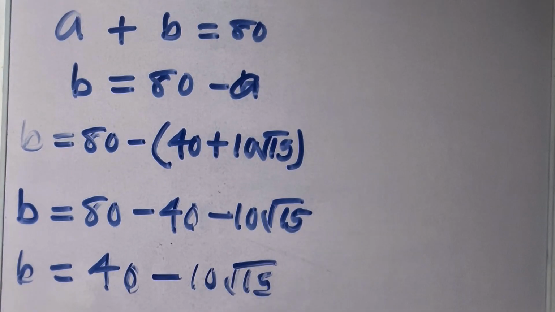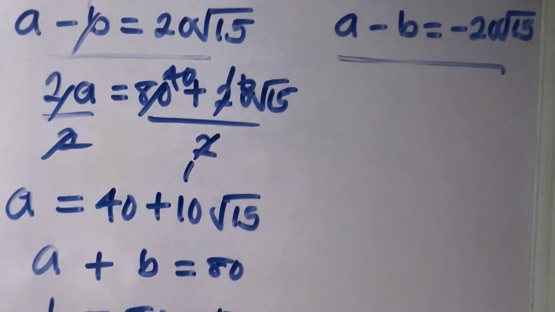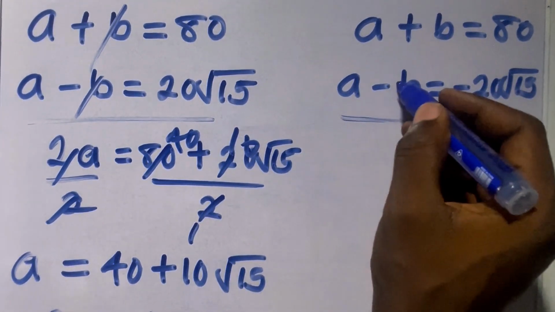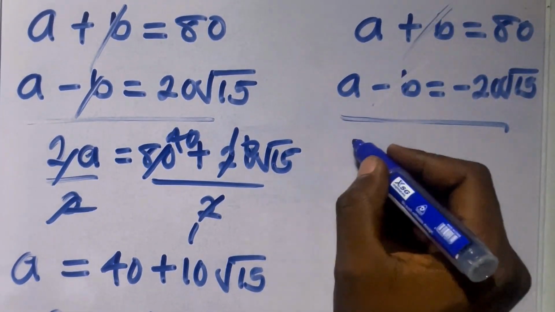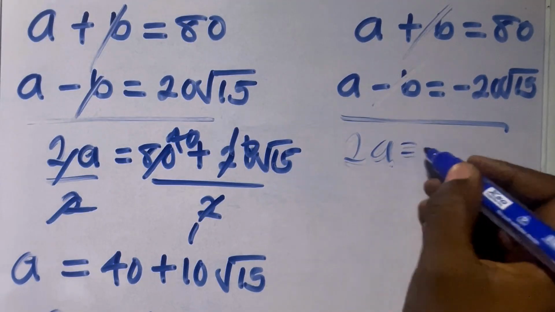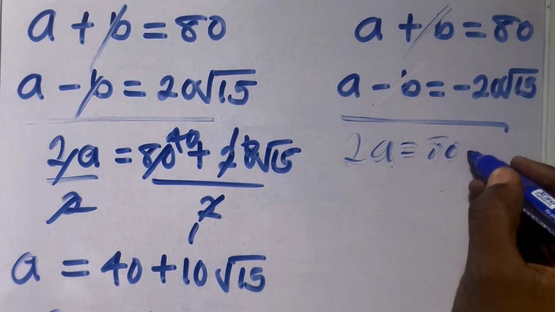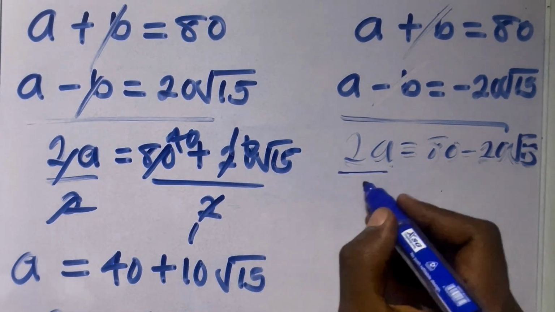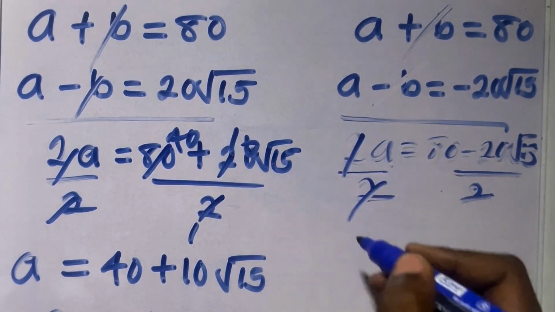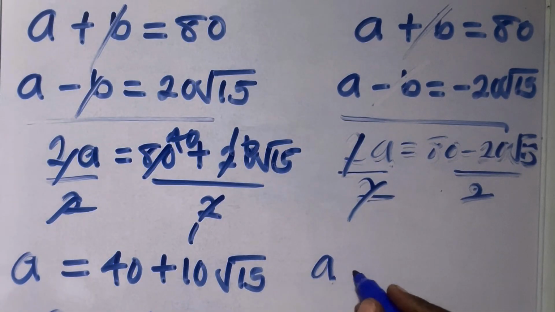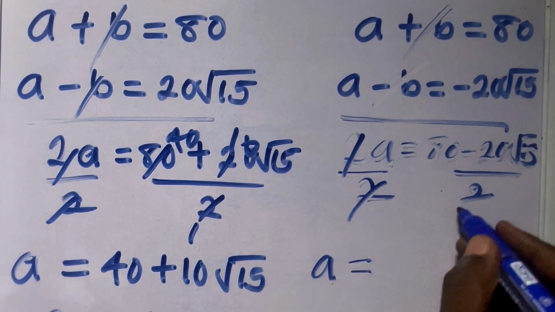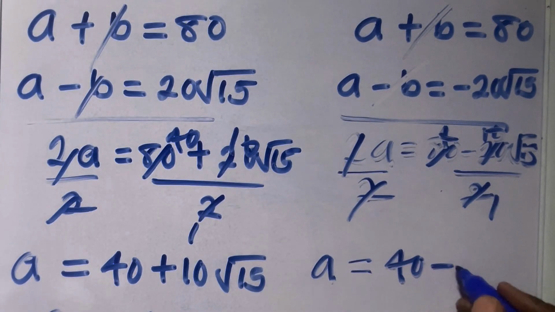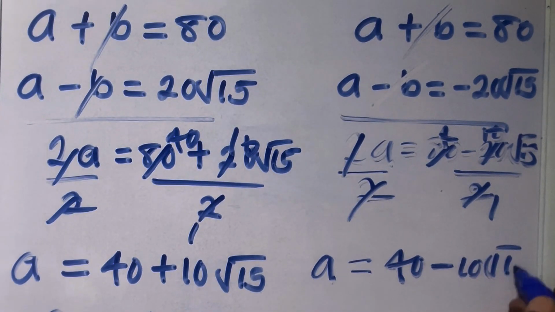Before I move further, let's also deal with the second one. We also have 2a equals 80 minus 20 root 15. If we divide both sides by 2, we have a equals 40 minus 10 root 15.